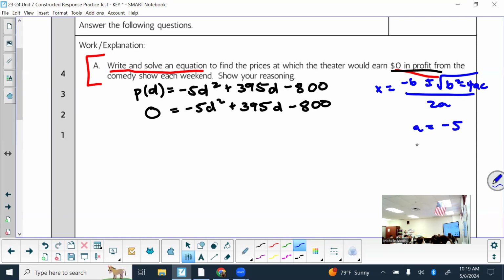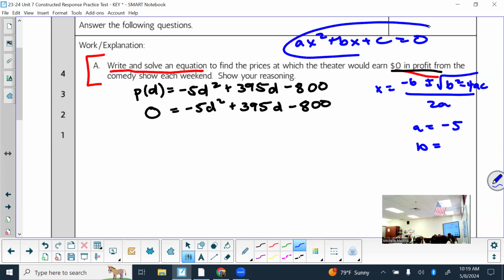Table 9, what would be considered my b? The number in the b position. If you have no clue what I'm talking about, then make sure you have this memorized by tomorrow. In standard form set equal to 0, b is always in front of your x term. So what is my b?